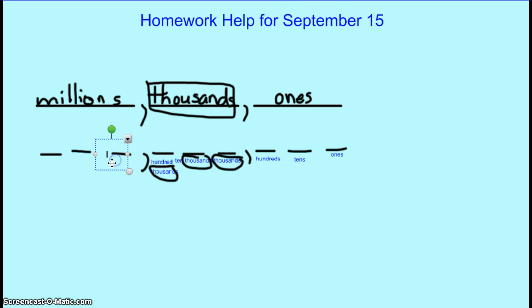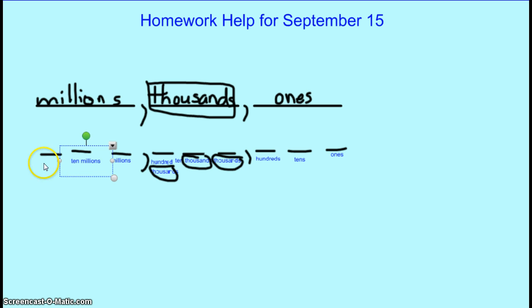And then last but not least, we have the millions. And then of course we would have 10 millions.